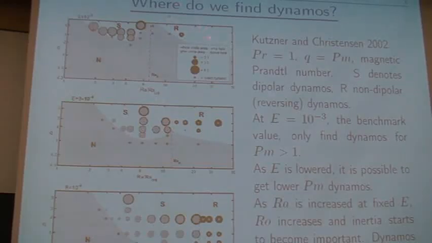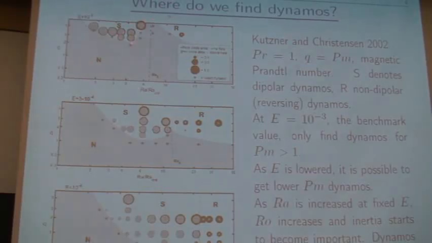So over here the Rossby number is not so small, and inertial effects are also deemed to be important. Over here we find these rather chaotic reversing dynamos, which might be loosely thought of as small-scale dynamos, whereas these are clearly large-scale dynamos because they're very dipole dominated.